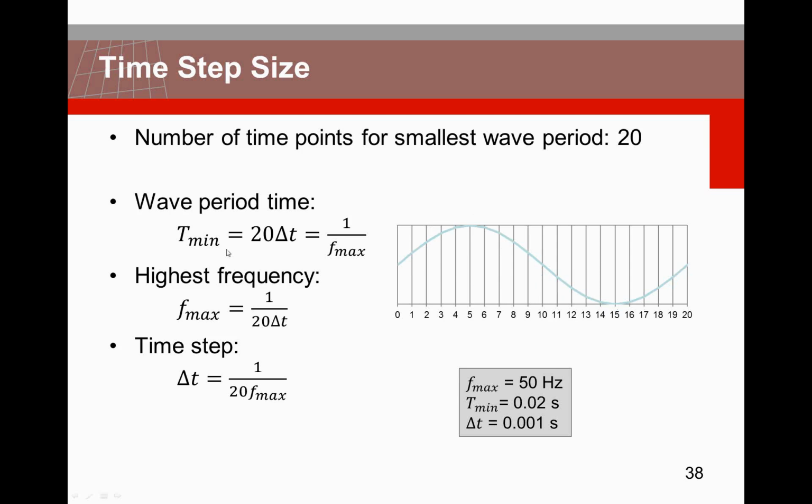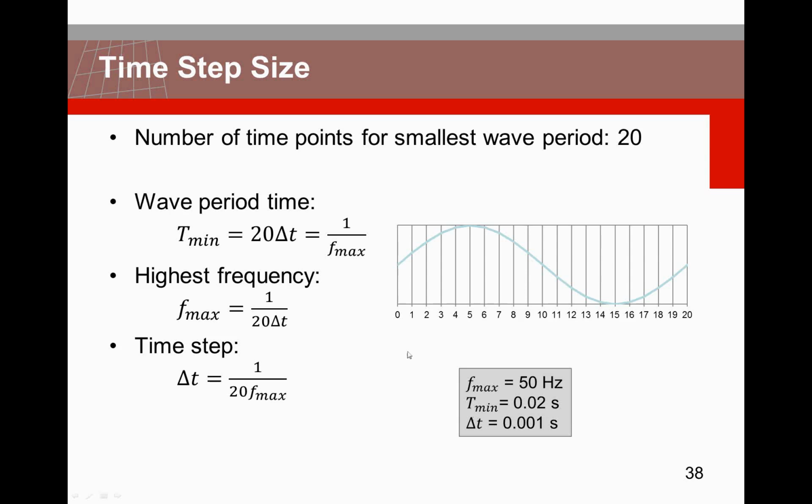of a motion. So the wave period time, the smallest one we want to see, is related to the maximum frequency you want to see. For instance, if we want to see a maximum frequency of 50 Hertz, the smallest period time of the waves we can see is 0.02 seconds, which means we would need time steps of 1,000th of a second.